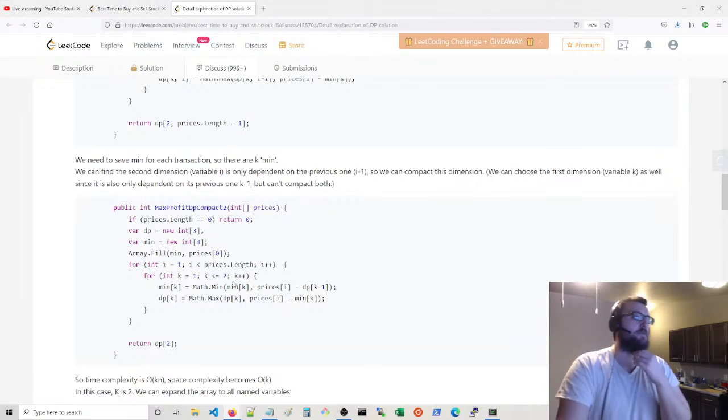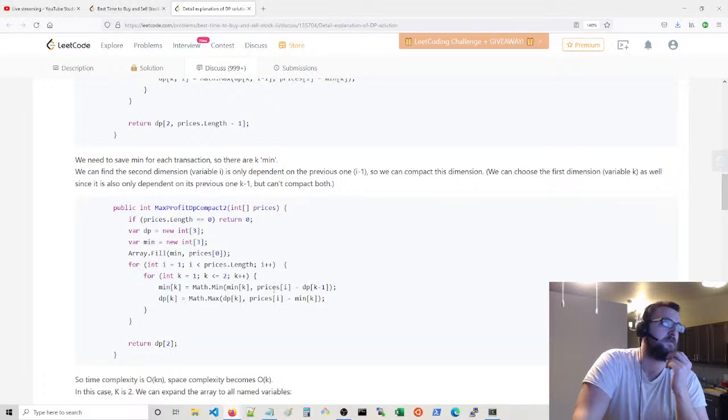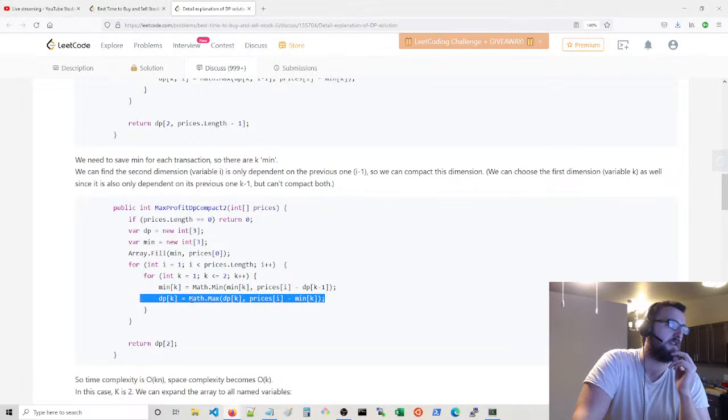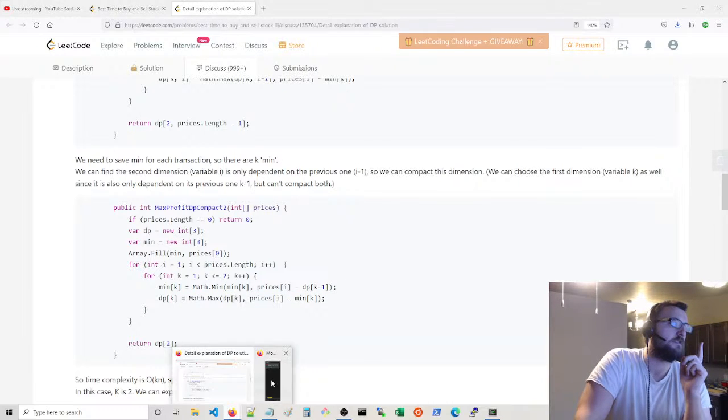Whatever calculation you had for the minimum for dp of 2, it should be the same. That's a key observation here. That minimum of 2 won't change. And since it won't change, we don't really care that dp of 1 changed. Even though dp of 1 changed, it didn't affect the minimum value, which is the only part we care about in the second calculation. So if min 2 didn't change, even though dp of 1 changed, then we're fine.